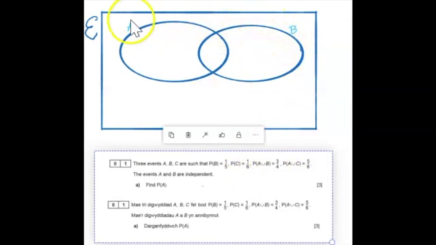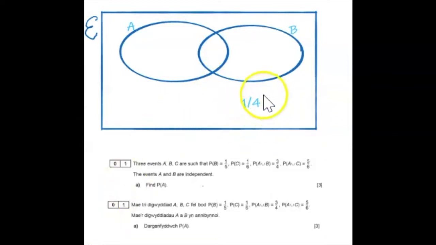Everything inside of A and B is 3/4, which means everything outside is 1/4. So let's put that on the diagram. So 1/4 is outside of A and B, A union B, everything in here, so 1/4 there.